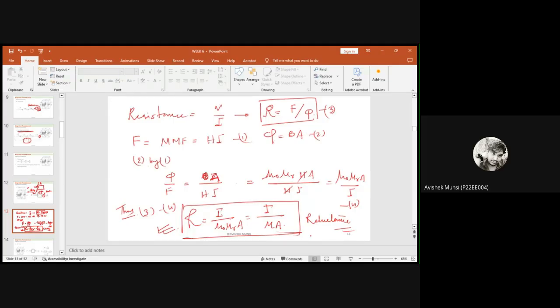Thus, reluctance is nothing but resistance in the case of our electrical circuit. So, is this clear up to this?